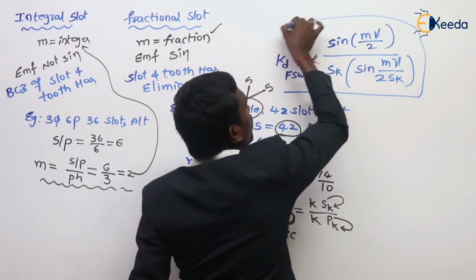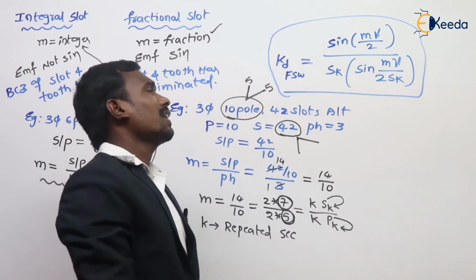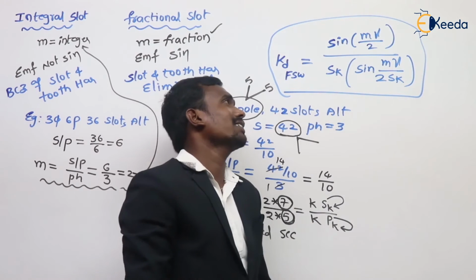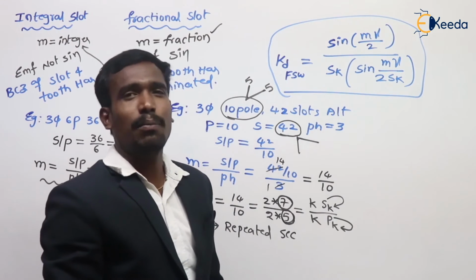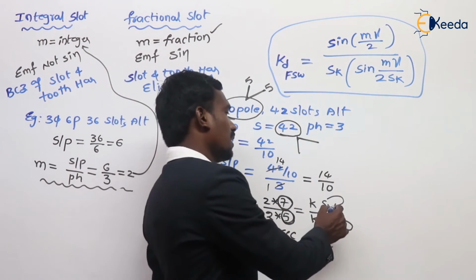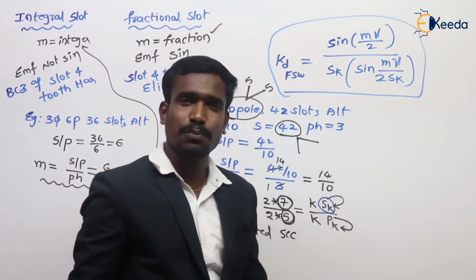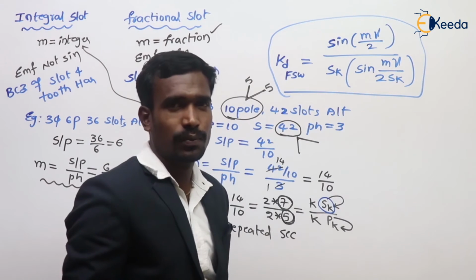Here sk is the slots per pole in each section.